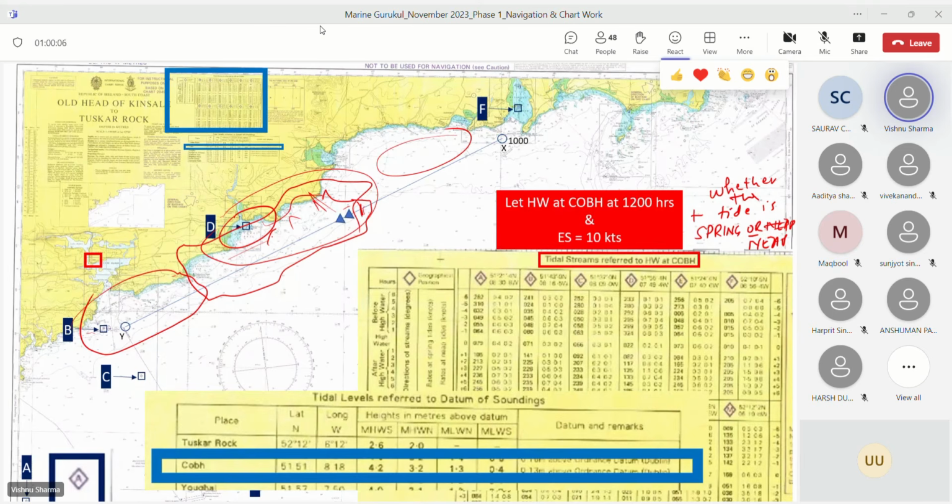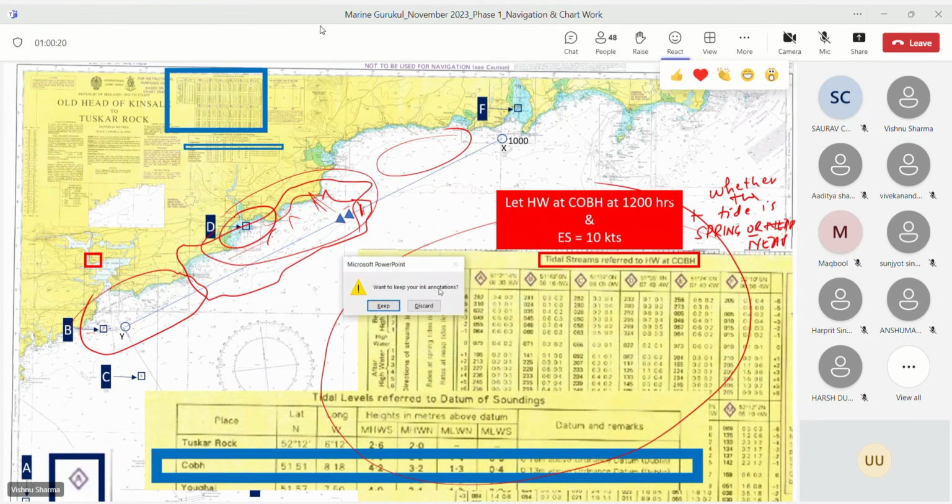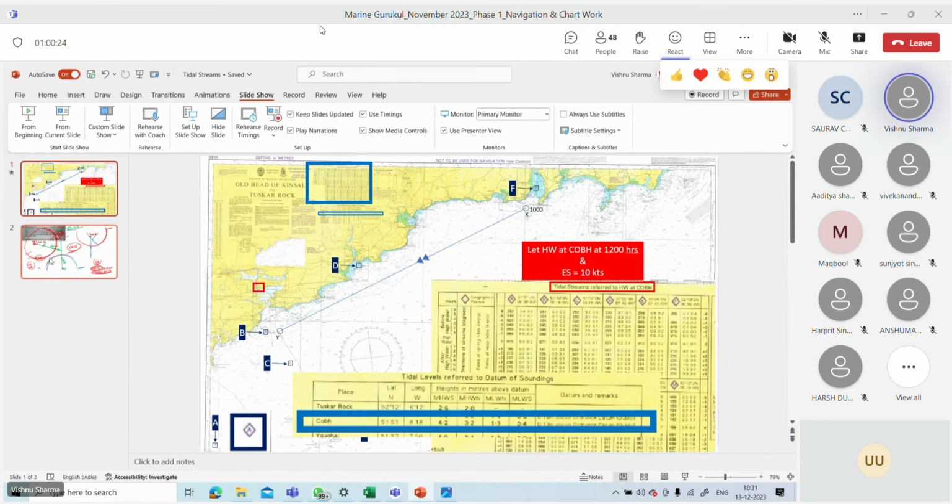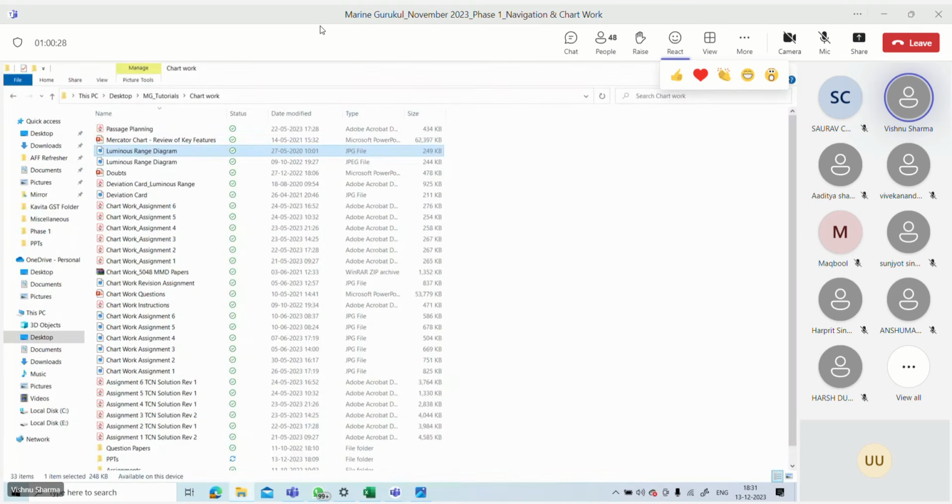What they want to see is whether you understand what information is given here. That is what they are trying to see. Okay sir. So that is the tidal stream. This question I'll look at, but there is nothing like a normal range for sure. I know there is something they have missed out in this.